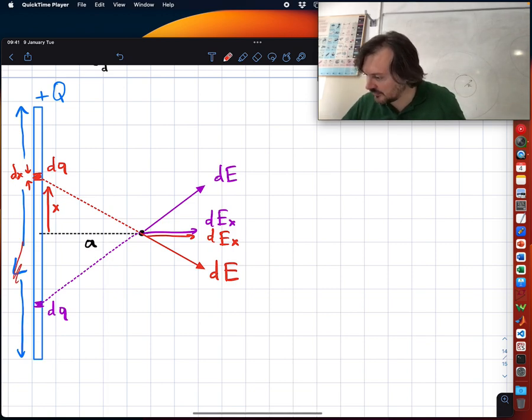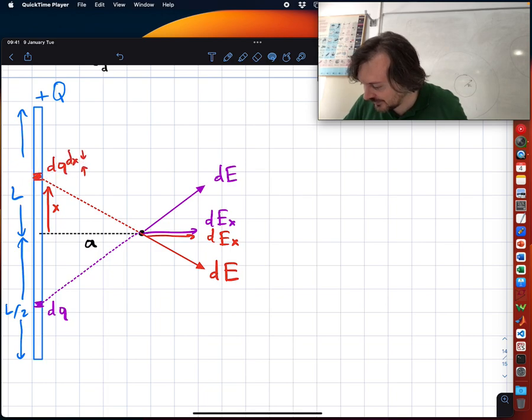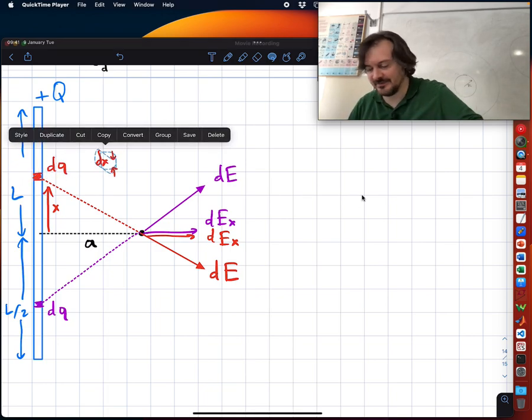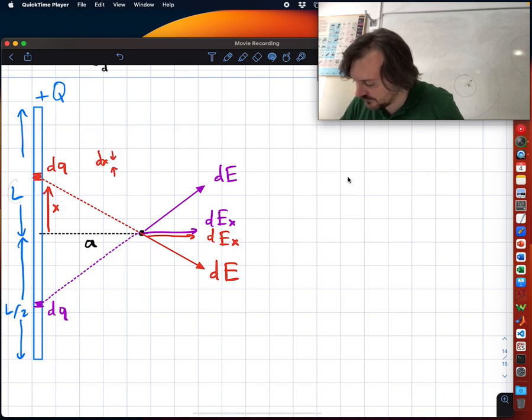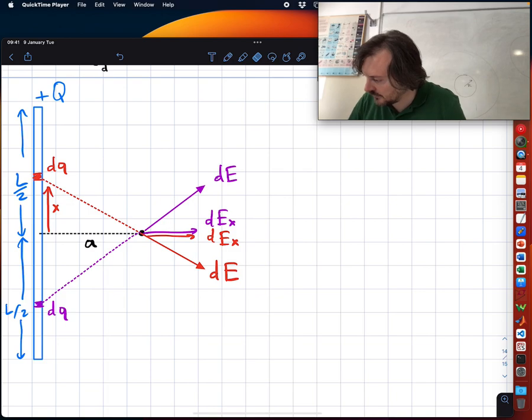I can actually make it less confusing if I say that this distance is L over 2 and this distance is L over 2, L over 2, and that's dx.